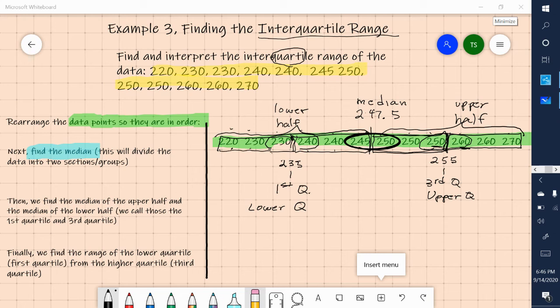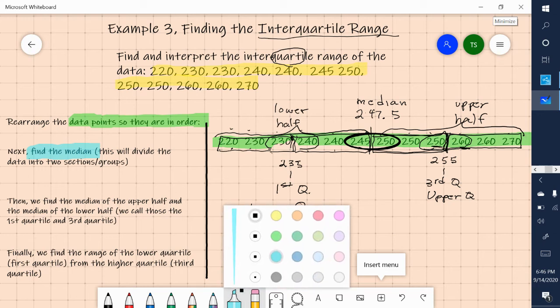Our last step, well, let me catch you up on this. Let's highlight some of this so it makes some sense to us. I will go with gray this time.